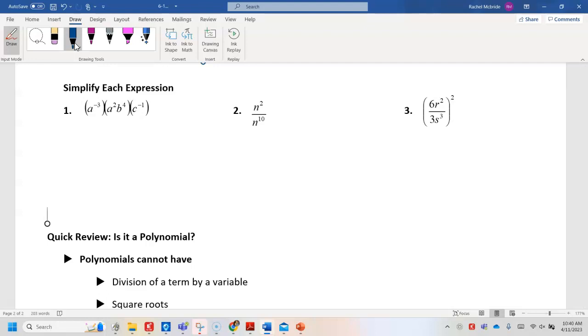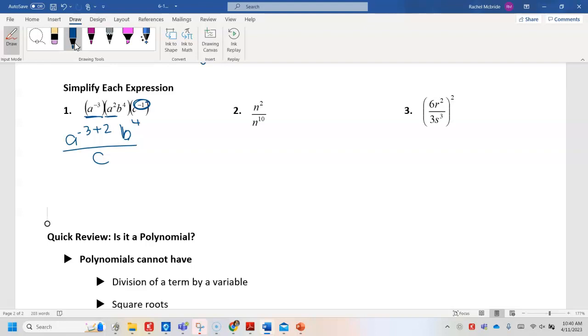So there are a couple ways you can get started with each of these problems. You can multiply like terms together. So if I have a to the negative 3 times a squared, then that means I add my exponents together. So that becomes a to the negative 3 plus 2. B and C have no friends. So b to the 4th is going to stay, but anything with a negative exponent drops down.